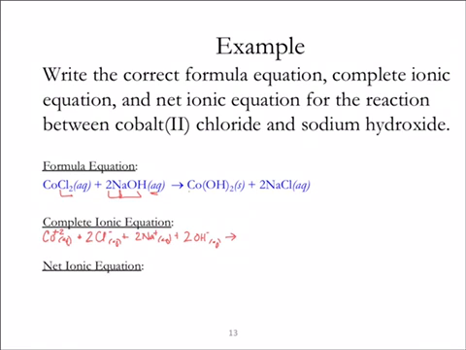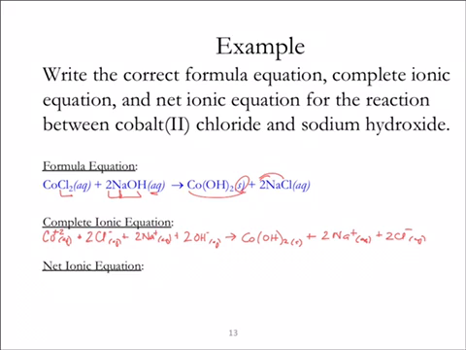Now for my products, that is a precipitate. It stays together. And then 2 sodium ions, aqueous, and 2 chloride ions, aqueous. And again, it's 2s because the coefficient gets distributed.